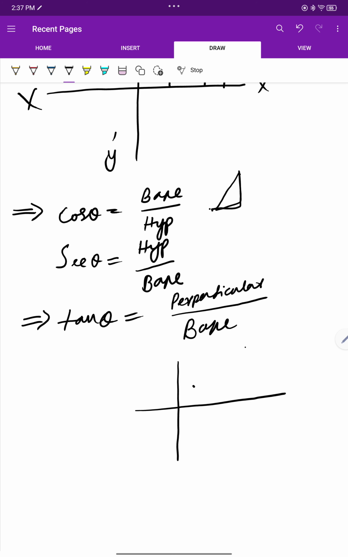If this is the point and this is the point, if this is A, this is B, so A is here, this one. So the same we are experiencing, the x and y, two values like this.